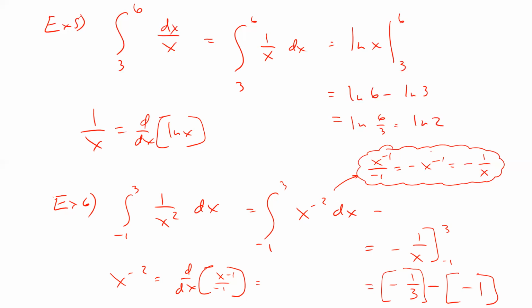Oh, no, it's a positive 1 because you're plugging in a negative 1 into here. It's a negative of a negative. Are we good? Okay, plus 1 there. I get a negative here, I'm subtracting it eventually.